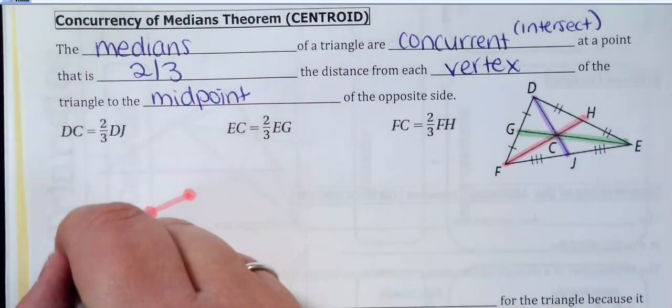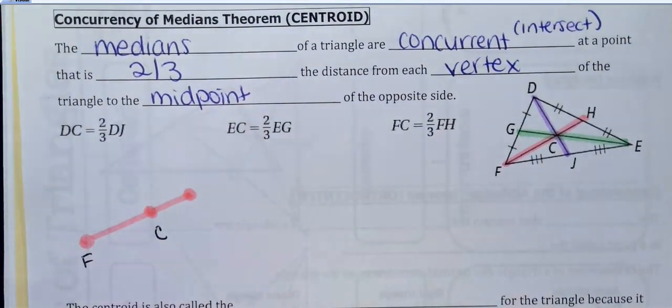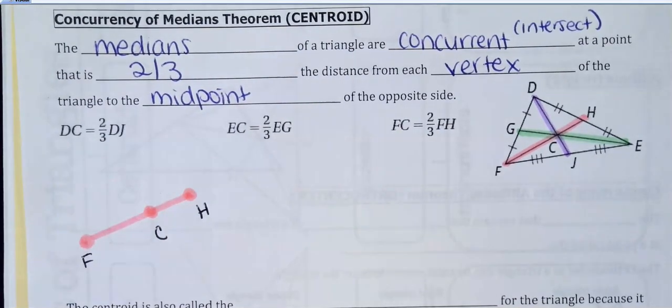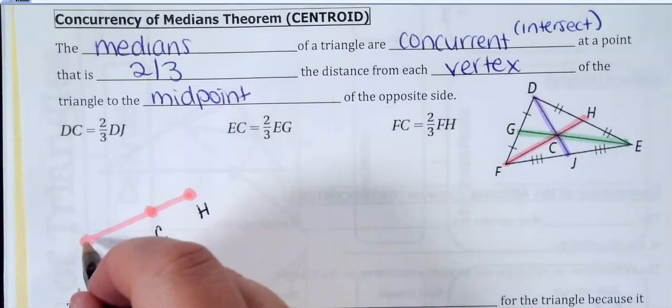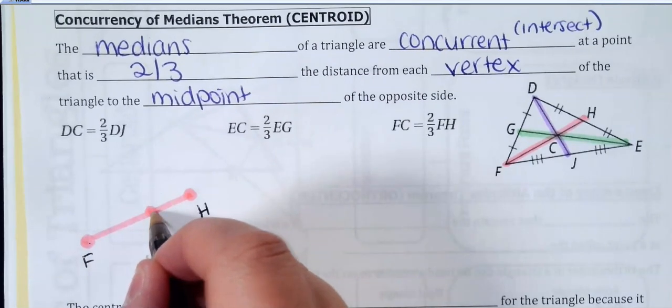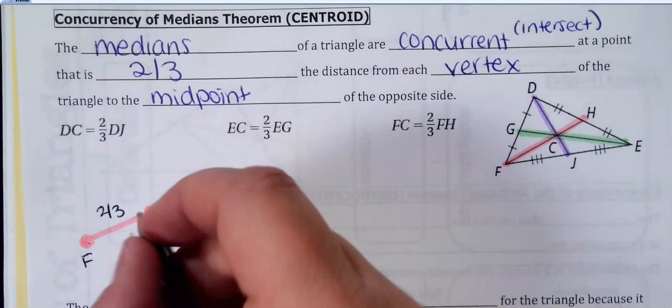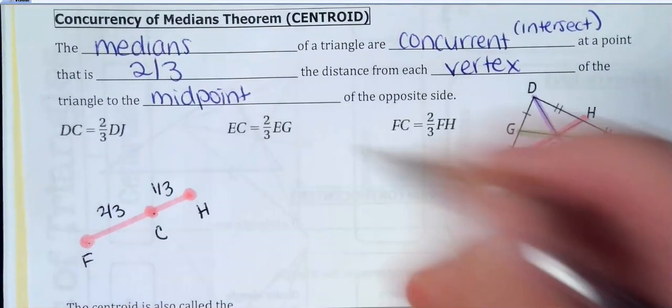So if this was F, C is the centroid, the intersection of the medians, and H is the midpoint of the opposite side. What this information is telling you is that if we knew the length of the entire segment, from the vertex to the centroid would be 2/3 of that segment, and from the centroid to the midpoint of the opposite side would be 1/3 of the segment.